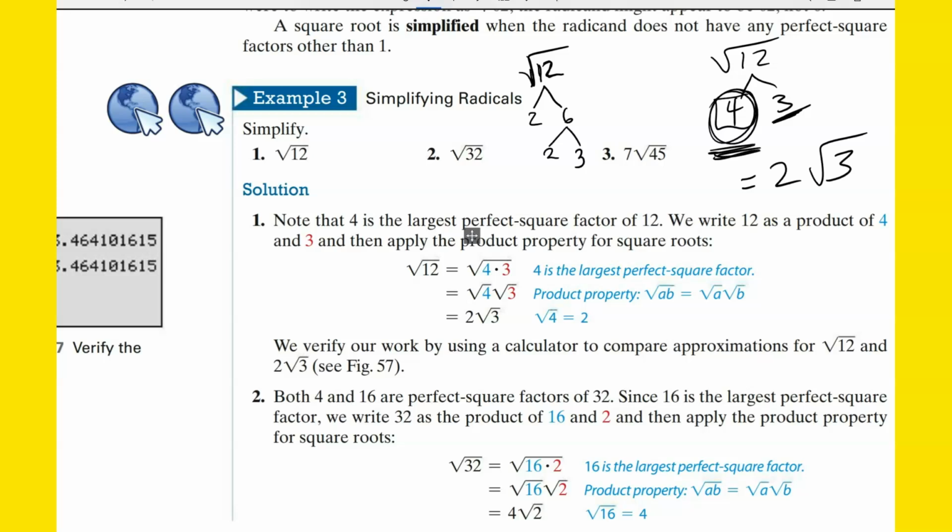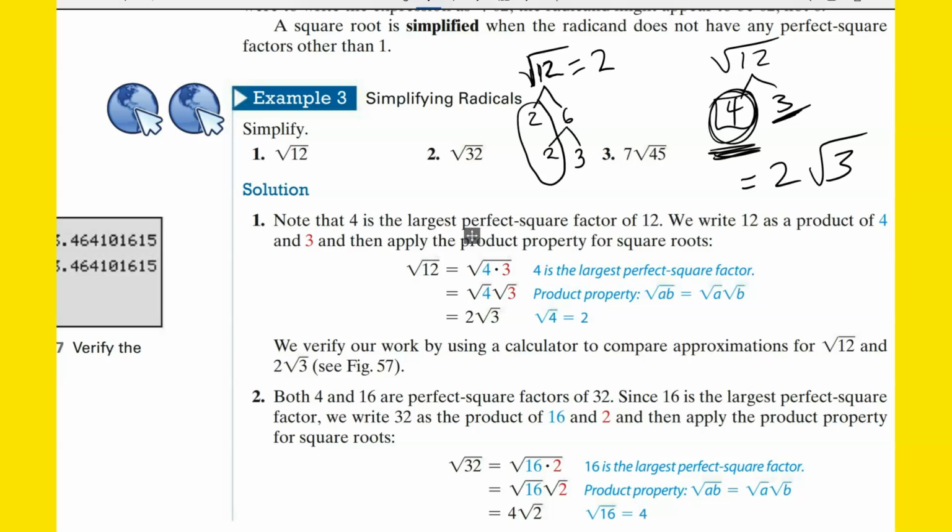Now I look for numbers that multiply with themselves. In other words, I look for 2 of a kind, 2 of the same number. I have a pair of 2s, which means that 2 is multiplying with itself. If you find a pair, they come out. That comes out as a 2.